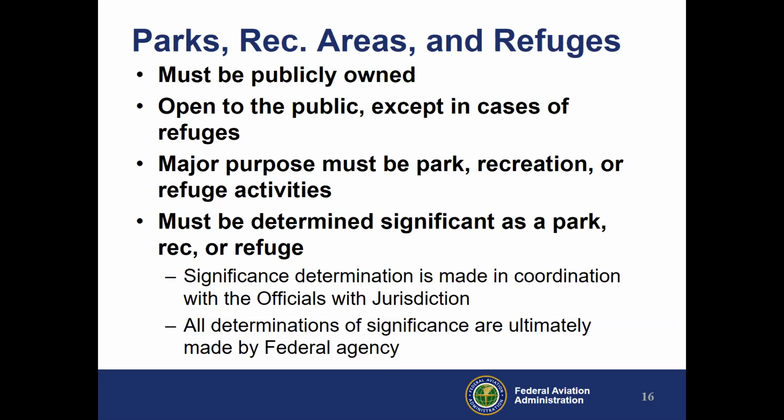But if it is limited to access, then it's not considered open to the public. So you have to go through that 4(f) policy paper and really step through all the defining criteria and questions related to each individual type of resource.